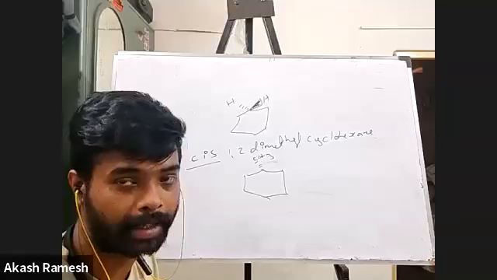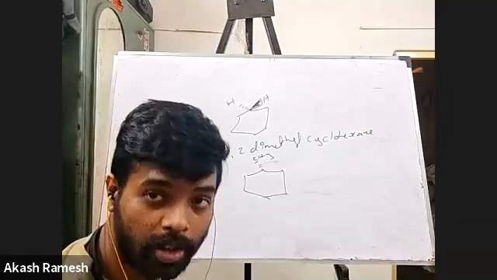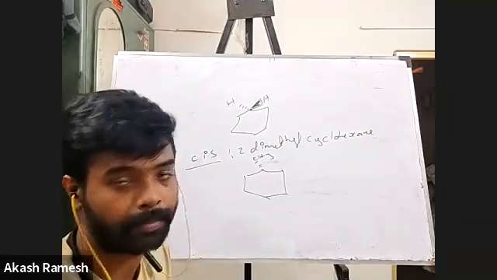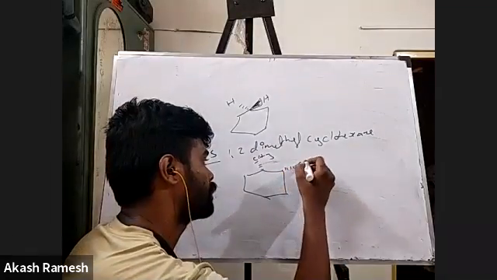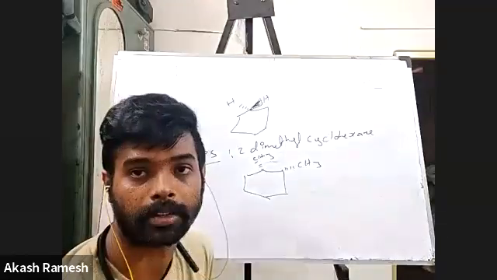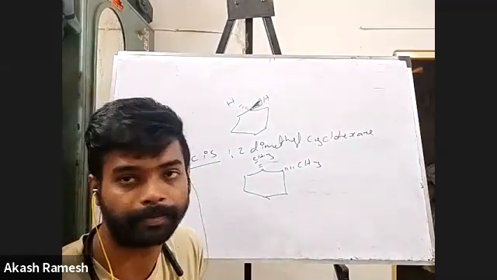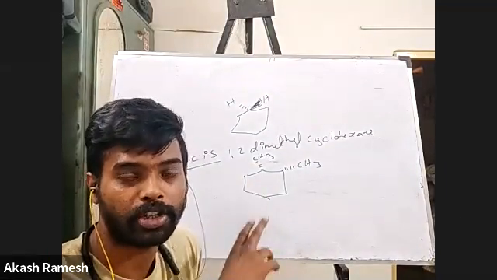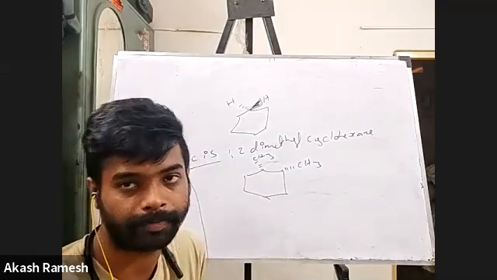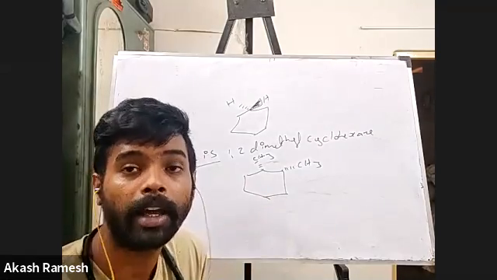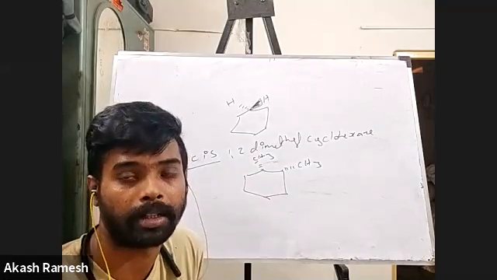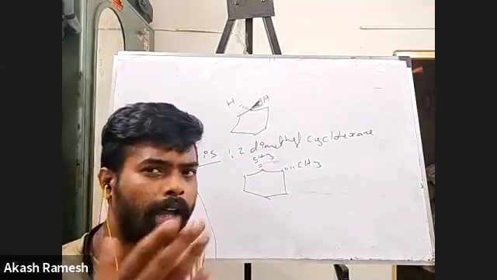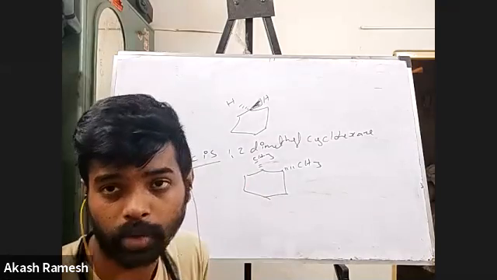In the second carbon atom also, you should put it away from me. That means you are going to put the methyl group like this. Or both of them are pointing towards you, so both of them are in the wedge form or both of them are in the dash form. This is my cis-1,2-dimethylcyclohexane. Now, can you guess how trans would be?